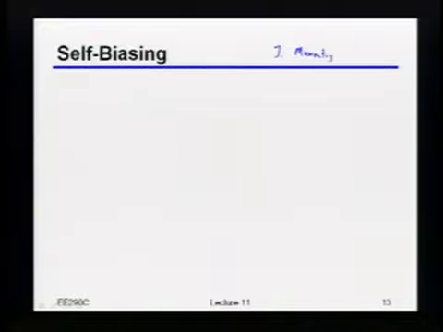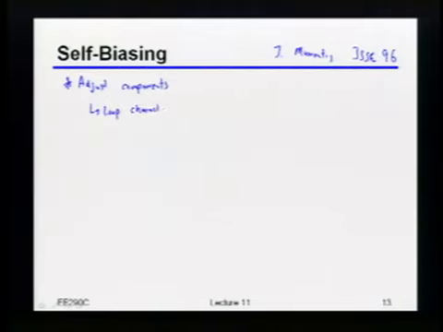I believe he first published some of the things here in JSSC in 1996, where the basic idea was to figure out a way to adjust your loop components so that the loop characteristics, meaning the bandwidth as well as the damping or the phase margin and so on, are basically set by two things.